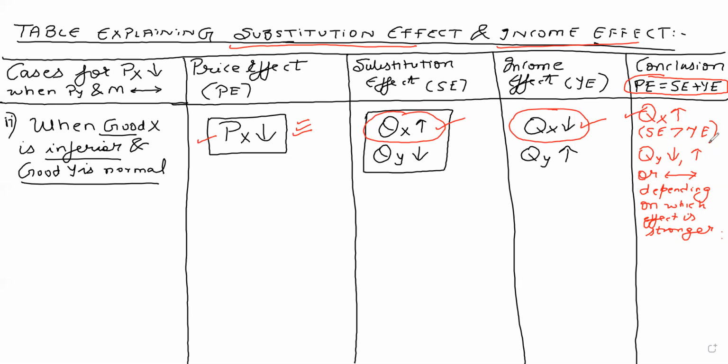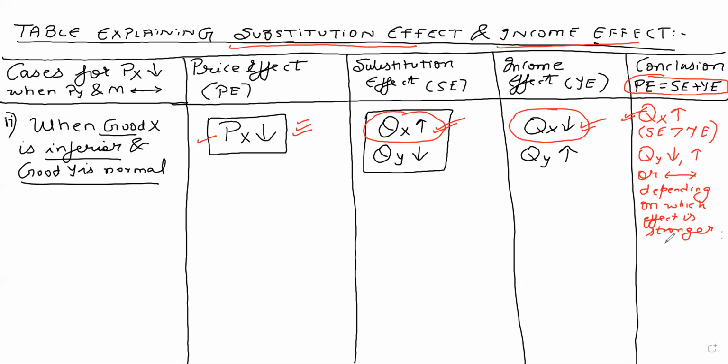So what you have learned is when one of the goods is an inferior good and price of that good falls, in totality, quantity of that good will rise because the substitution effect is going to dominate the income effect. And only when substitution effect dominates the income effect, you can have QX rising.